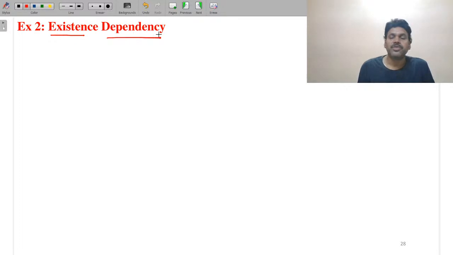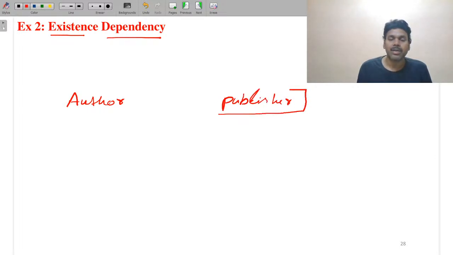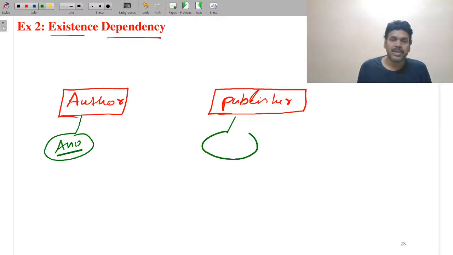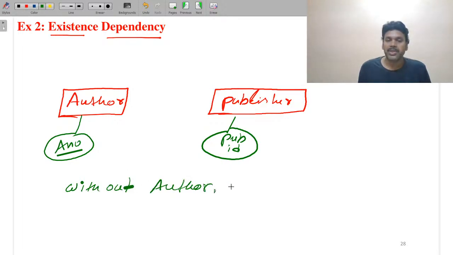So how are you going to form existence dependency? I am saying there is author and publisher. These are the two tables or two entities available. Author has author number, publisher has publisher ID. I say that without author, publisher cannot publish.